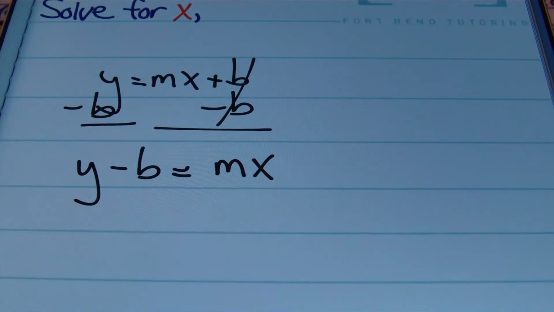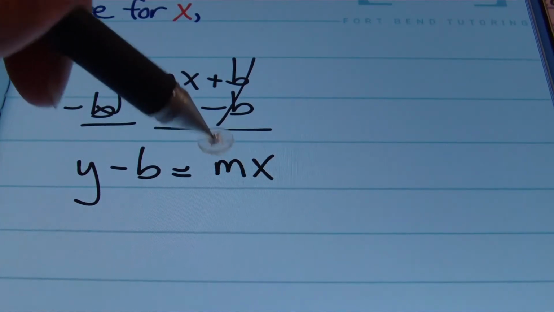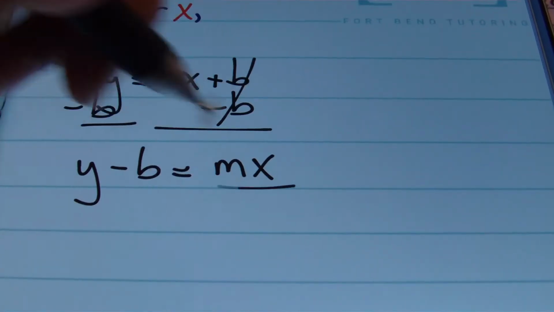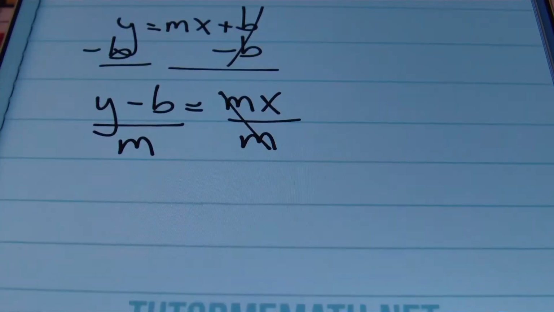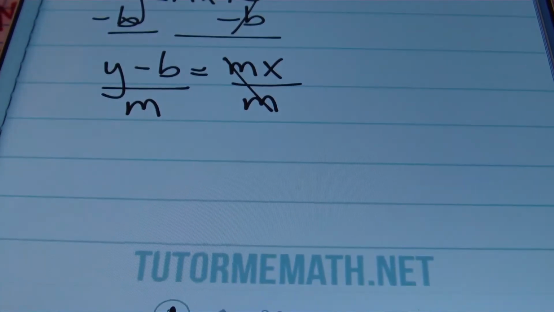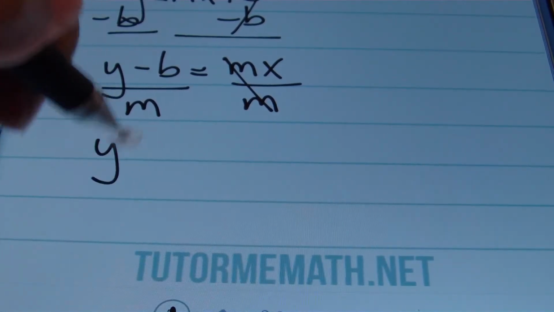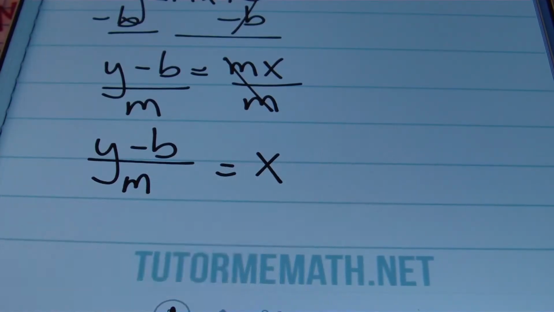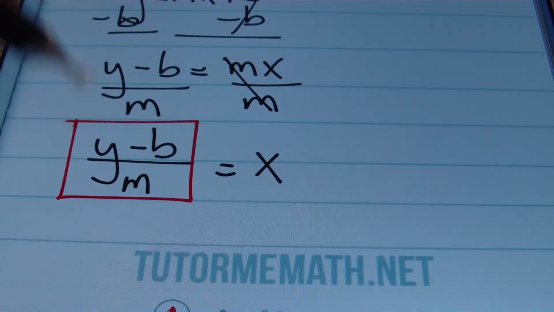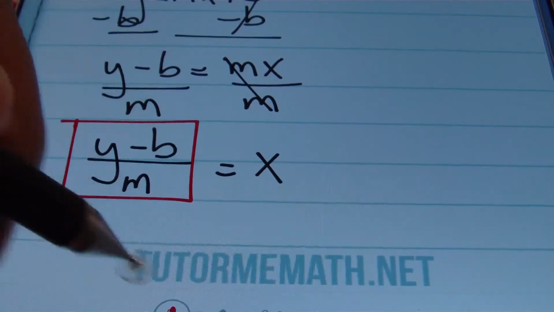And since I'm solving for x, the next thing I can do is divide both sides by my variable m. If I divide both sides by m, I can cancel out the m's on the right, and that will free up my variable x. So I end up with y minus b divided by m, which now equals x, and done. My variable's isolated, and that's the answer. So here we have it. Done. Let's keep it moving.